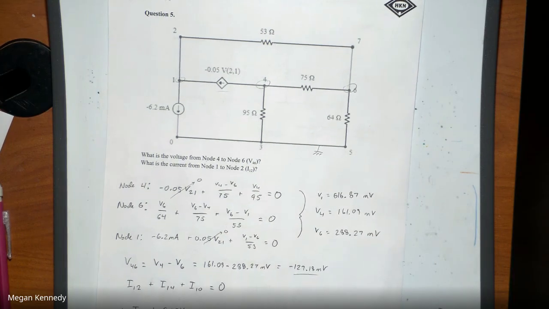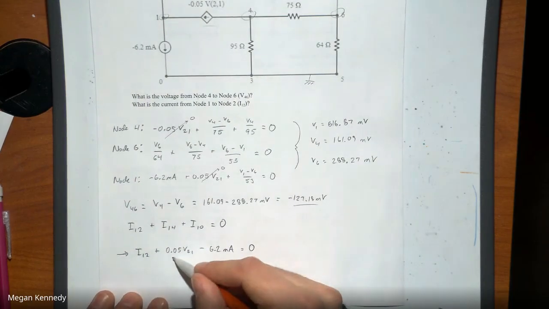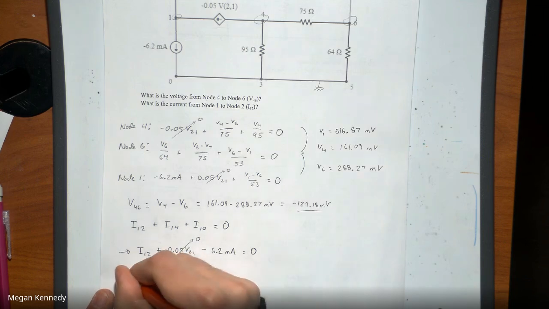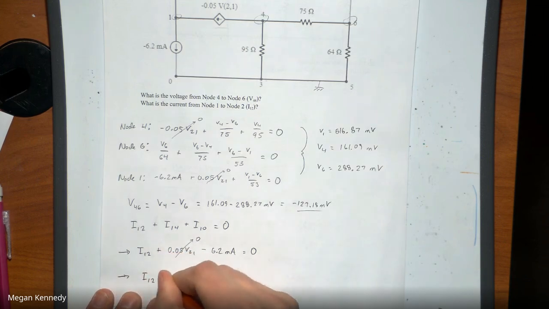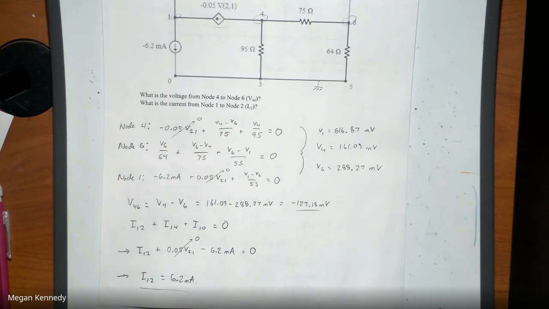Again, V21 is equal to 0. So this term right here goes to 0, which means that I12 is equal to 6.2 milliamps. So with all that, do you guys have any questions?